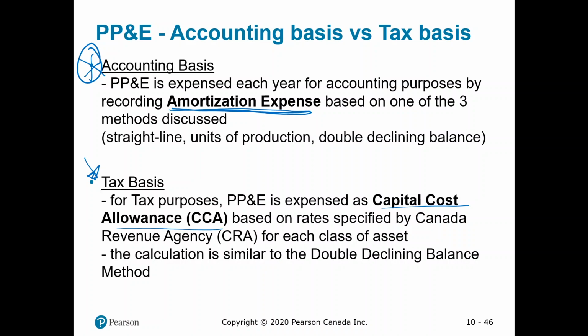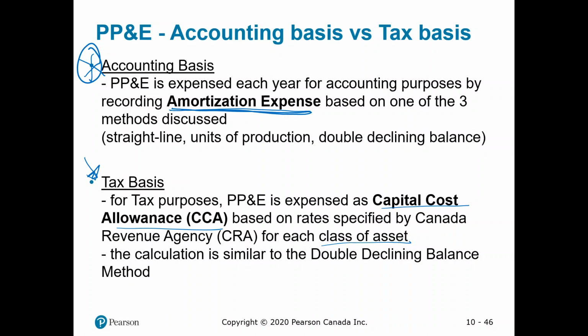But again, it's still just moving a portion of that cost of the asset to the expense each year, just a different name. For tax basis, you actually use specified rates that are given by CRA for the different classes of asset. So for example, vehicles, they fall into class 10 for tax purposes, and that is at a set rate of 30%.